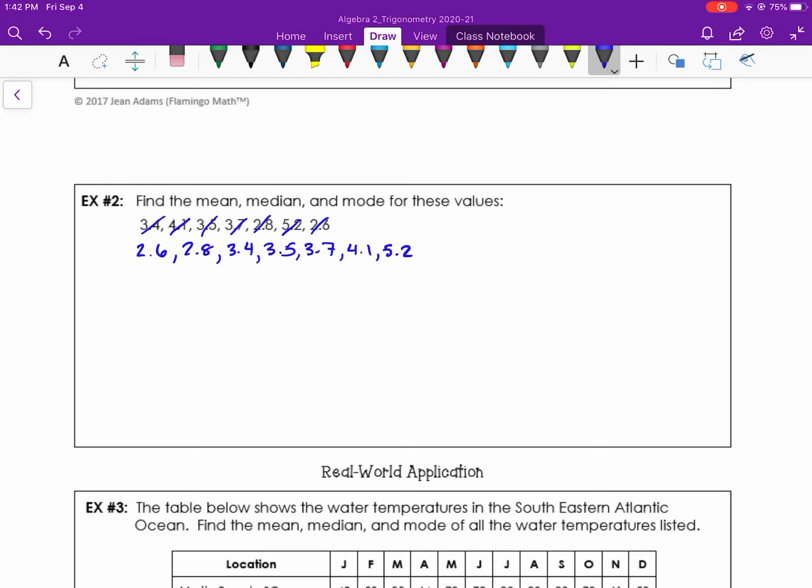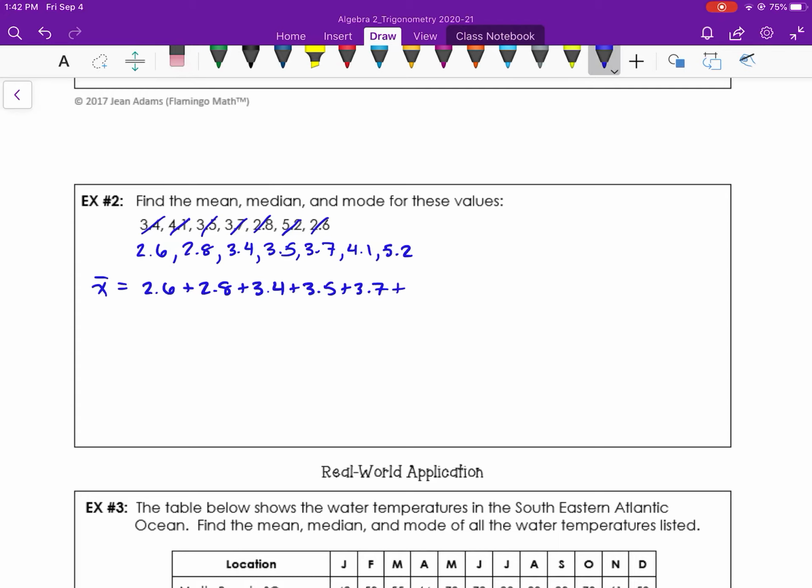Alright, so we got them listed. Now we're going to find the average of this. We get 2.6 plus 2.8, 3.4 plus 3.5, and so on, and so on.